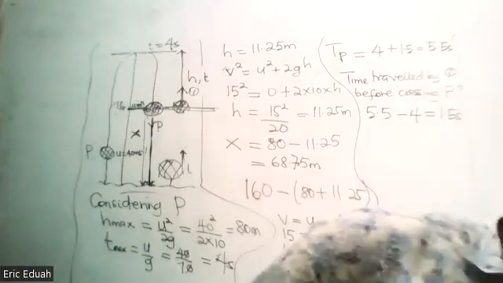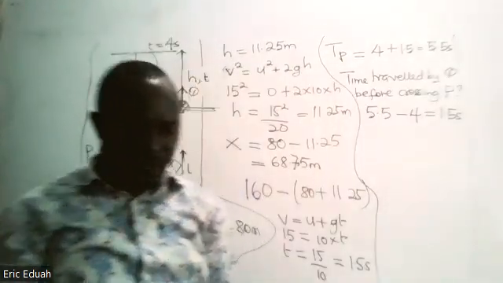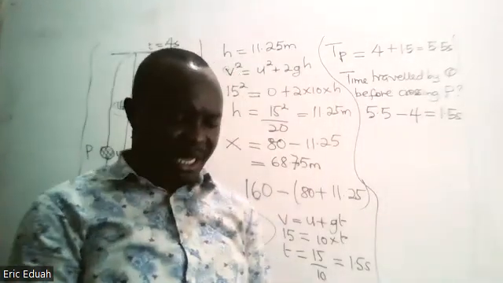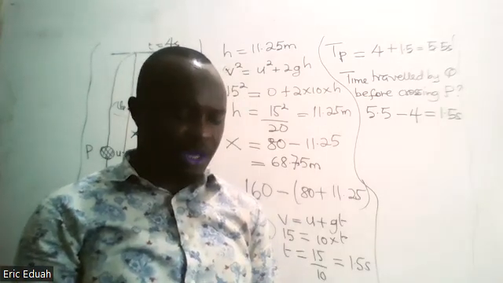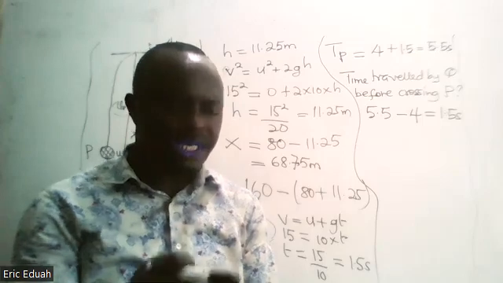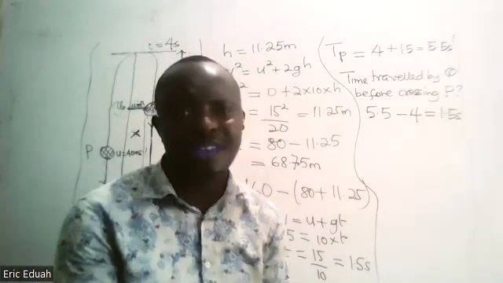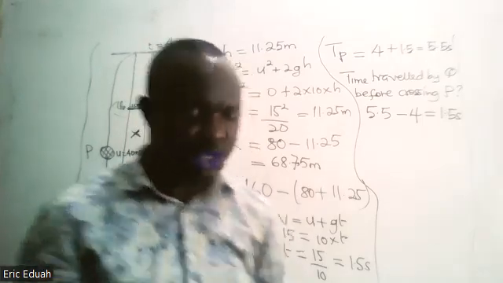Yes, please. Then the next question says that we have to find the initial velocity with which Q is shot.